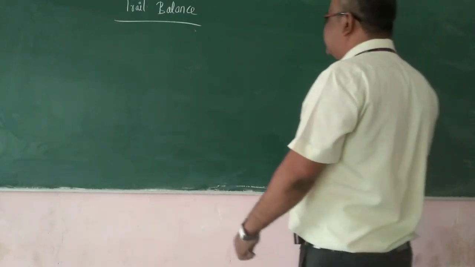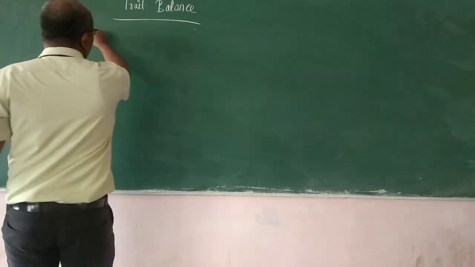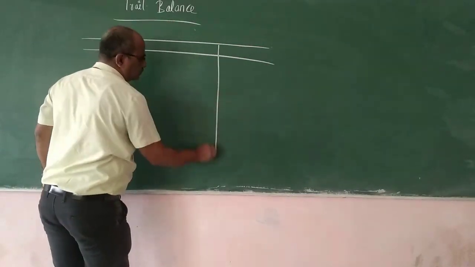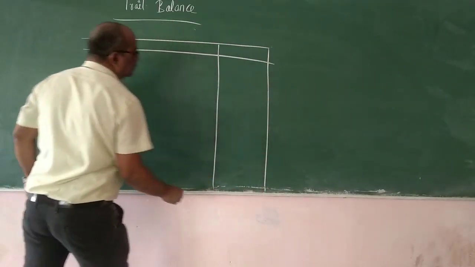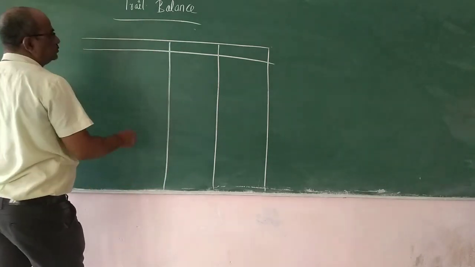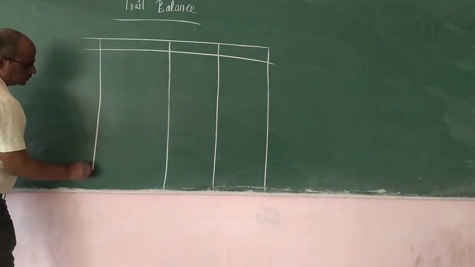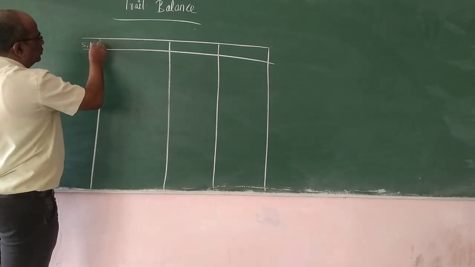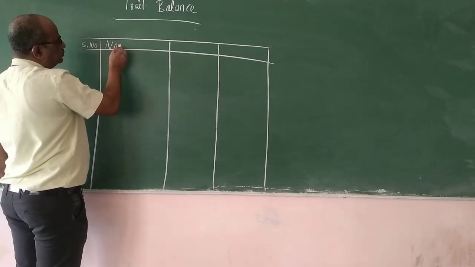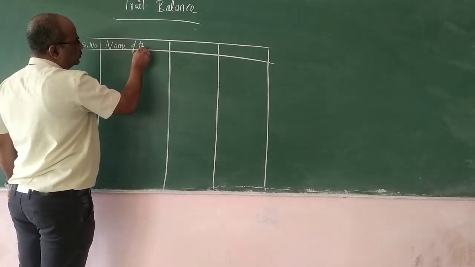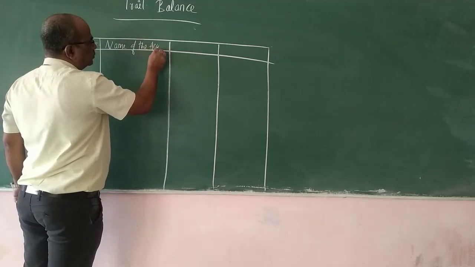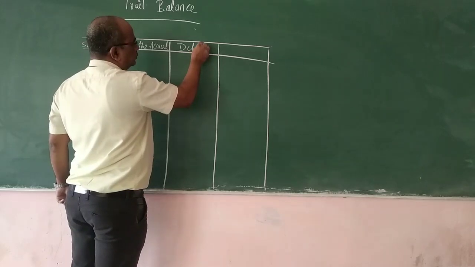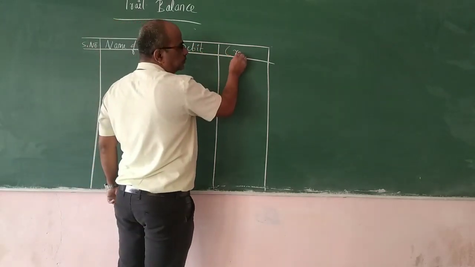So normally the trial balance is like this: serial number, name of the account, debit and credit.